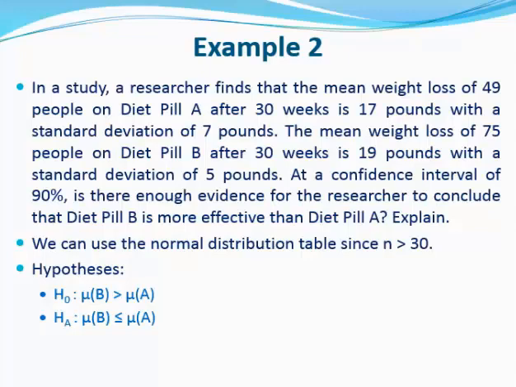But the question we have to ask ourselves is, is this a statistically significant difference? Could the difference between 17 and 19 have been a product of luck or random chance? Or does this indicate to a 90% degree of certainty that in fact B is a better pill than A? So let's look ahead and determine how we would go about doing this.